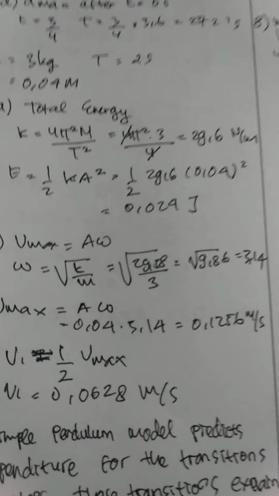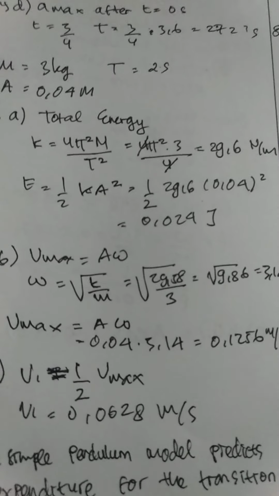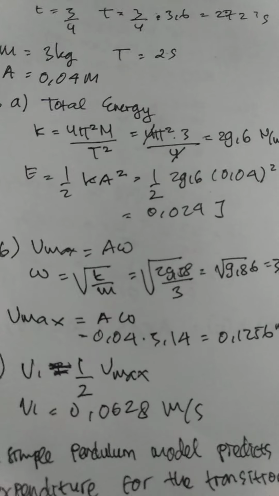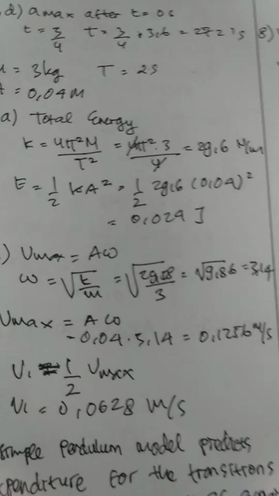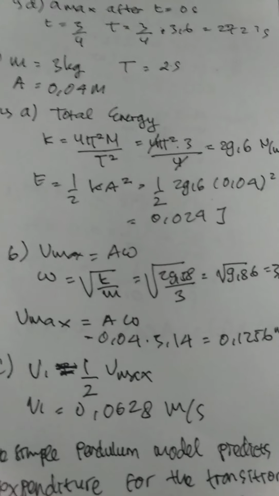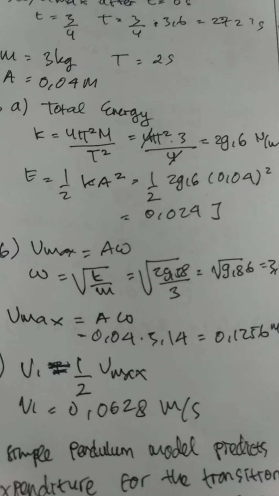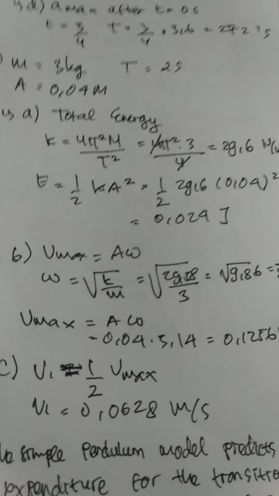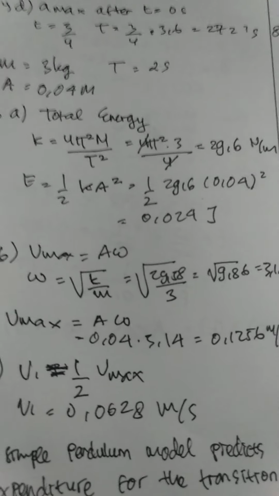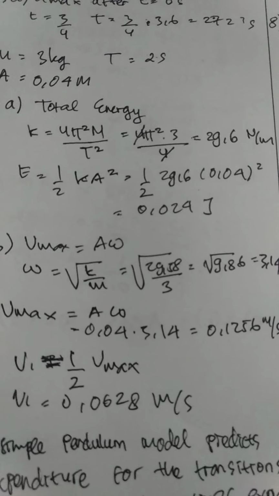We got the result 29.6 Newton per meter. And then after that we continue with the potential energy of the spring, 1/2 k amplitude square. We got the result 0.024 joule.